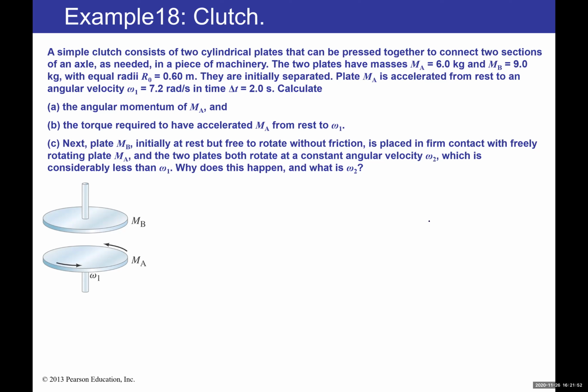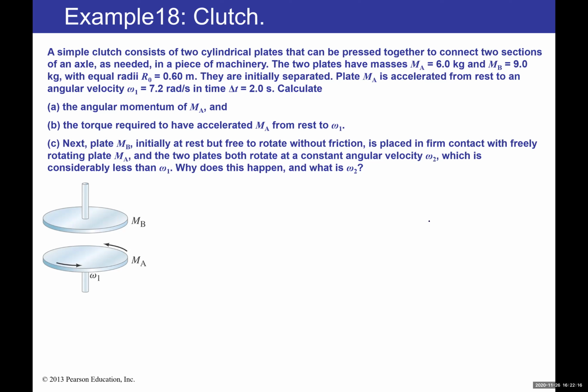They are initially separated. Plate MA is accelerated from rest to an angular velocity omega 1 equals 7.2 radians per second in time delta t equals 2 seconds. For part A, we want to calculate the angular momentum of plate A. All right, so let's do that.